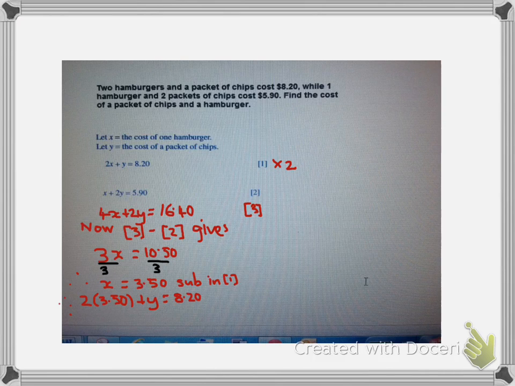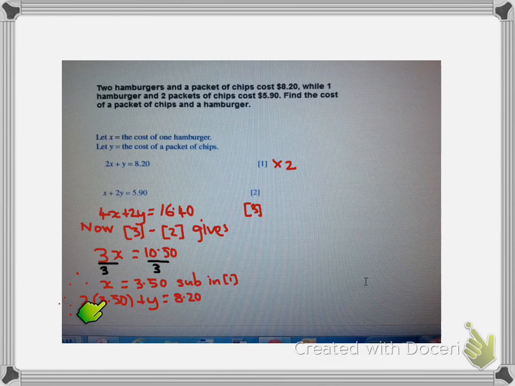What I'm going to do is substitute that into equation 1. So you'll notice in equation 1 it says 2x, but I now know that x is $3.50. So I write 2 and I replace x with $3.50 in a bracket to show that it's multiplied with the 2.